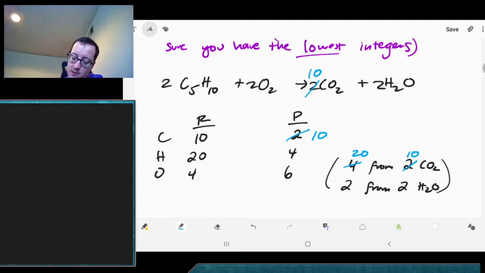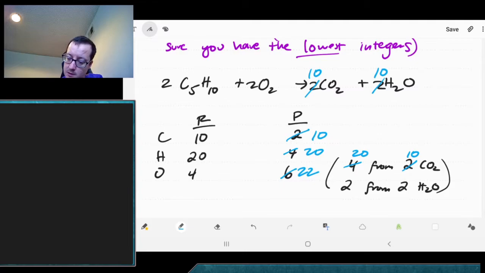And then 2 from water brings us up to 22. We have 20 hydrogens on the left. We have 4 on the right, so we need to make this one into 20 as well, by just changing the coefficient.